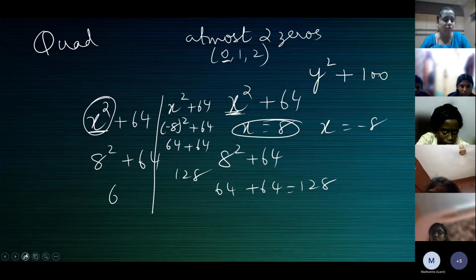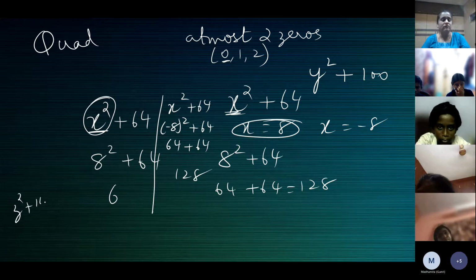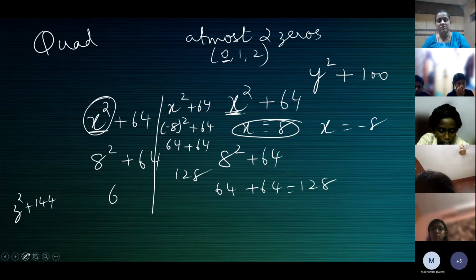Let's take an example of a quadratic polynomial with exactly 1 zero. So I said an example here can be x squared plus a perfect square number like 144, not minus, plus. You can remember it like that.